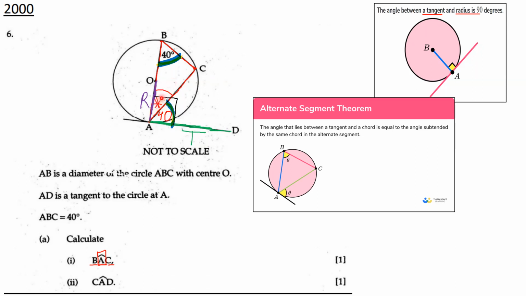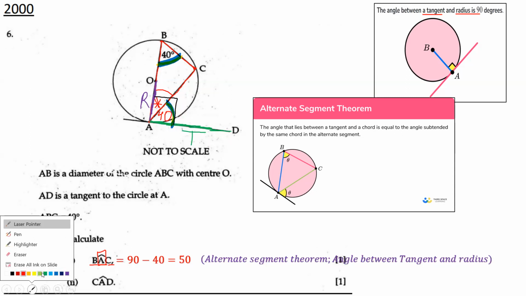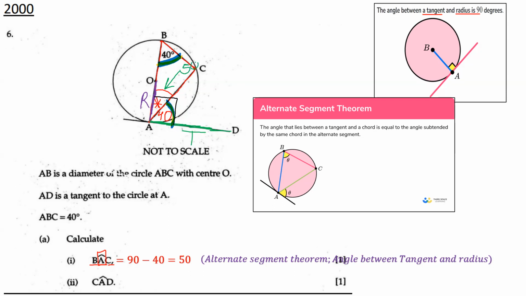This part is going to be 90 minus 40, which is equal to 50. So this part is 40, and the next part is going to be 50, right?